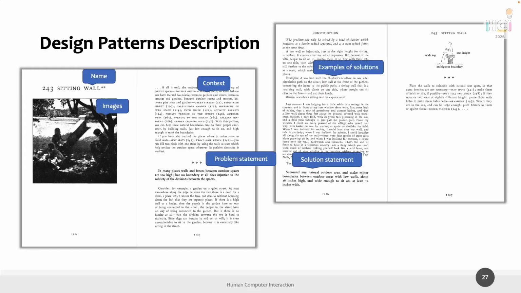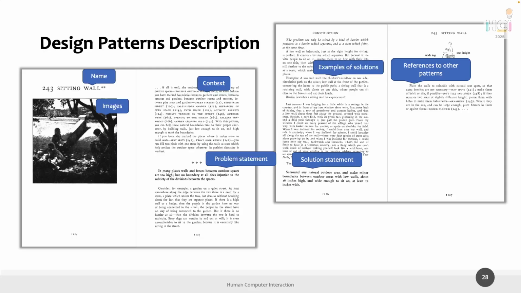And finally, the solution statement, which in this case is: surround any natural outdoor area and make minor boundaries between outdoor areas with low walls about 16 inches high and wide enough to sit on, at least 12 inches wide. So it's quite specific. It also gives you the dimensions of the walls to be designed. And finally, there could also be references to other patterns, to show links between different patterns that are connected together.